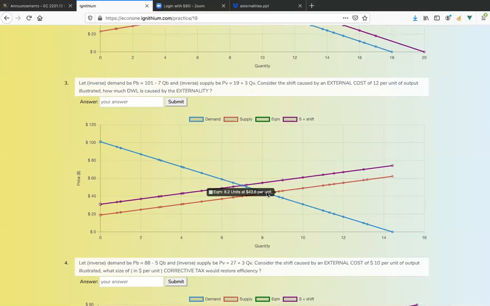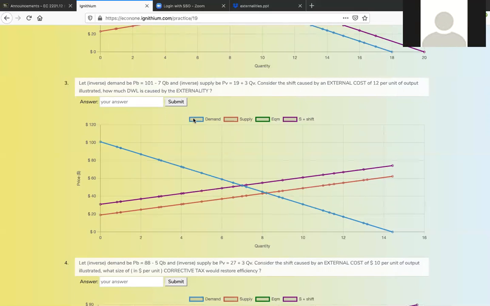The main point is there'll be a triangle, and you can see the height of the triangle here. It's the area between the purple and the blue line, and the base would be where the market equilibrium is. Can you guys see my cursor? You can see the triangle that I'm showing you there. Yes, okay.